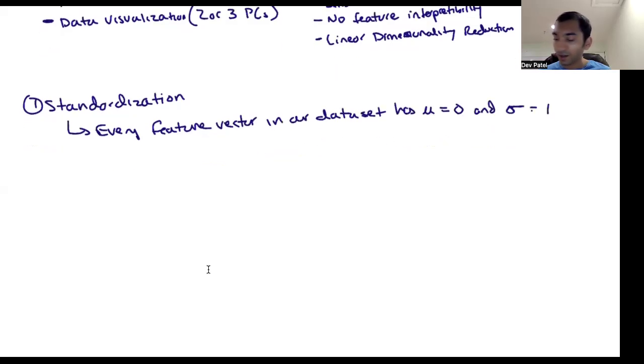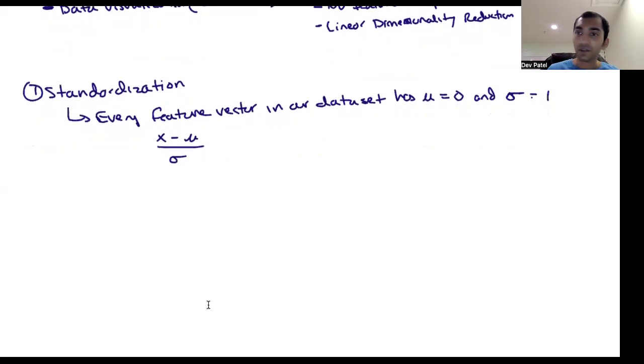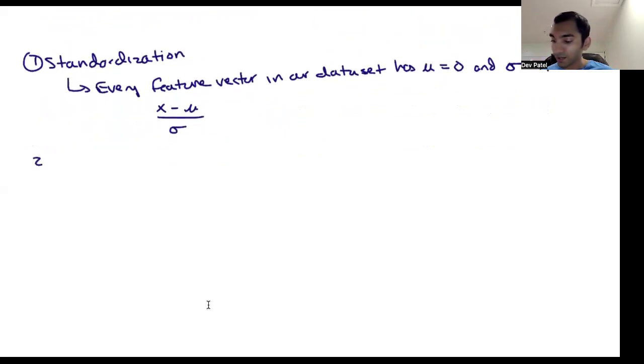You can do this by taking each value in the feature vector, subtracting the mean of the feature vector, and dividing by the standard deviation of that feature vector. You do this for all of the feature vectors, and this will standardize your data set, so your data set is ready for PCA.